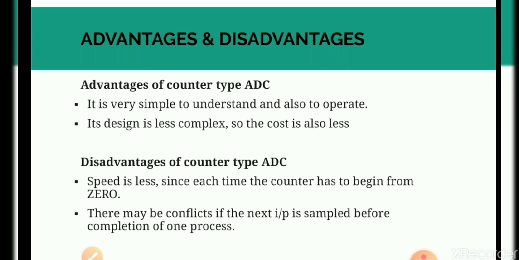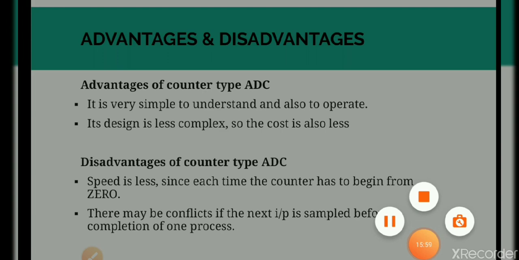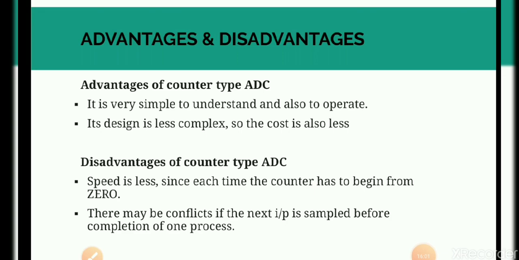So this is the disadvantage of this circuit, because the speed becomes slower as the analog input goes higher. Also there may be conflicts if the next input is sampled before completion of one process. So these are the main advantages and disadvantages of this topic. So this topic finishes here.